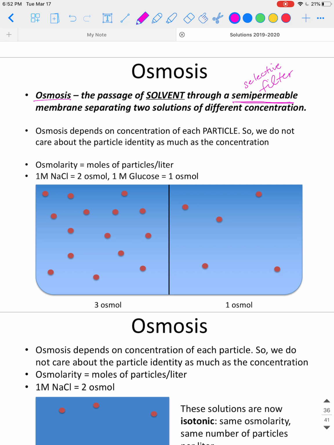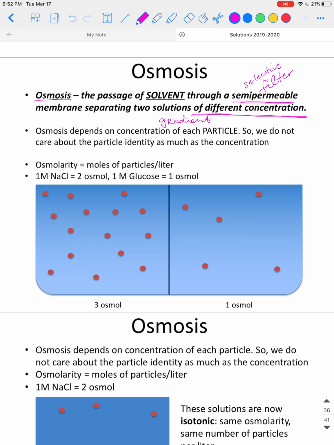The passage of solvent through a semi-permeable membrane, which is separating two solutions of different concentration. This is key, because when you have two solutions with different concentrations separated by a semi-permeable membrane, we have what is known as a gradient.